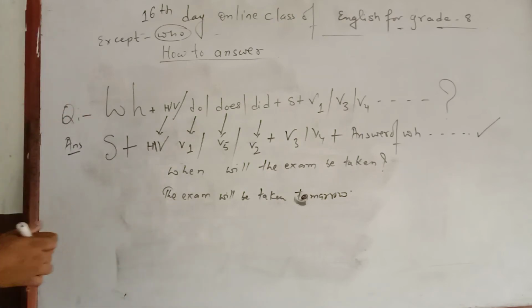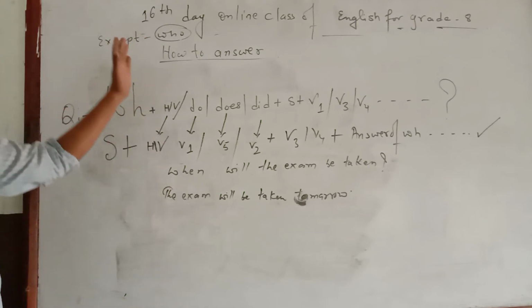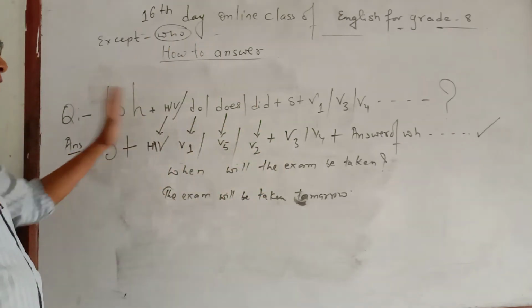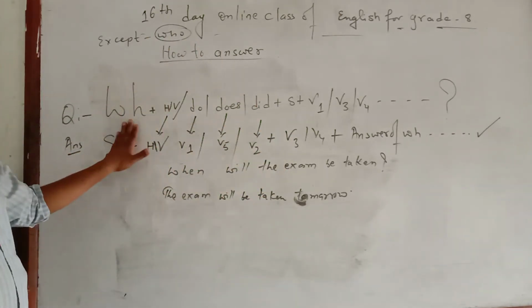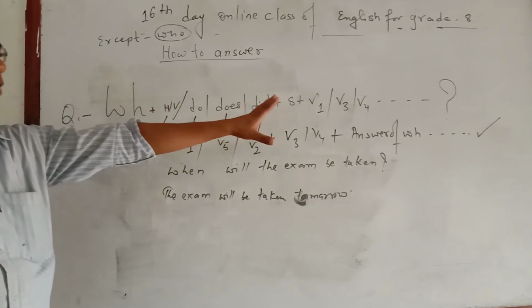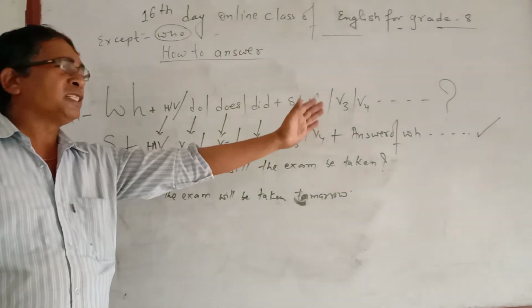In this way, in the topic how to answer, the question is asked in two ways, either with a helping verb or with the WH. And today, related to WH, I wrote you all WH except who. The meaning also I wrote, and what is the answer of that WH, and how the WH question is made. As you are watching: WH, helping verb or do, does, did, and then the subject, and then verb 1 or verb 3 or verb 4, and then there may be some part of the sentence or not, and a question mark.